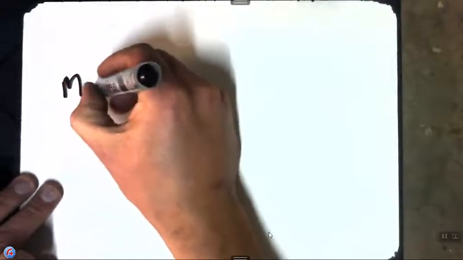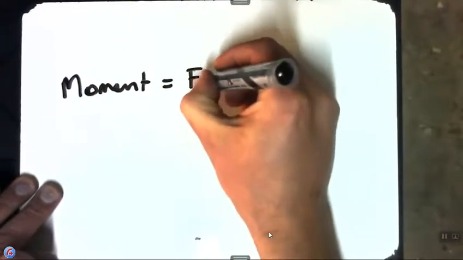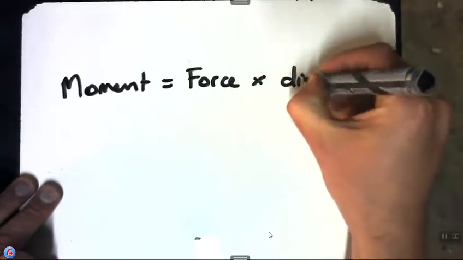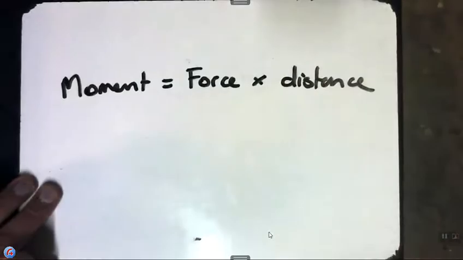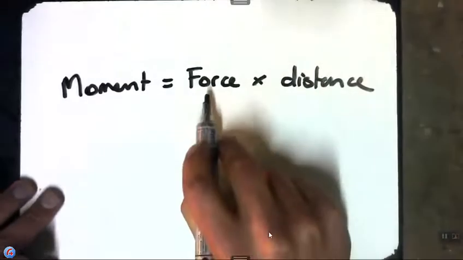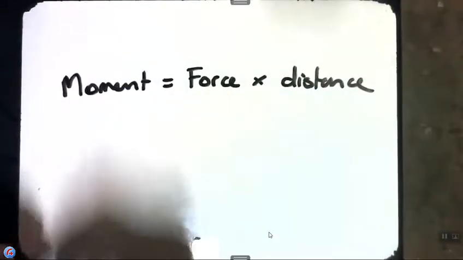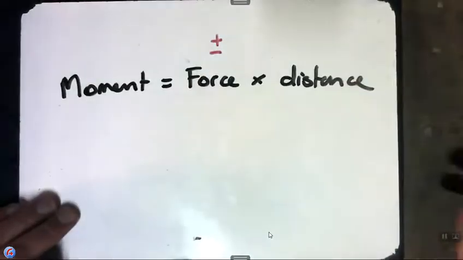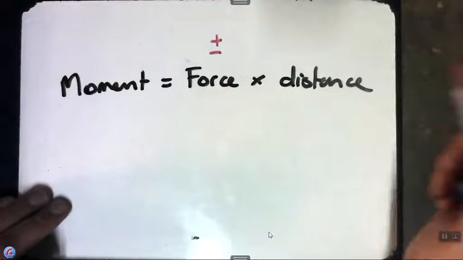Now the formula for a moment is: the moment is equal to the force times the distance. Now we know that force is a vector, so force can be positive or negative depending on the direction.